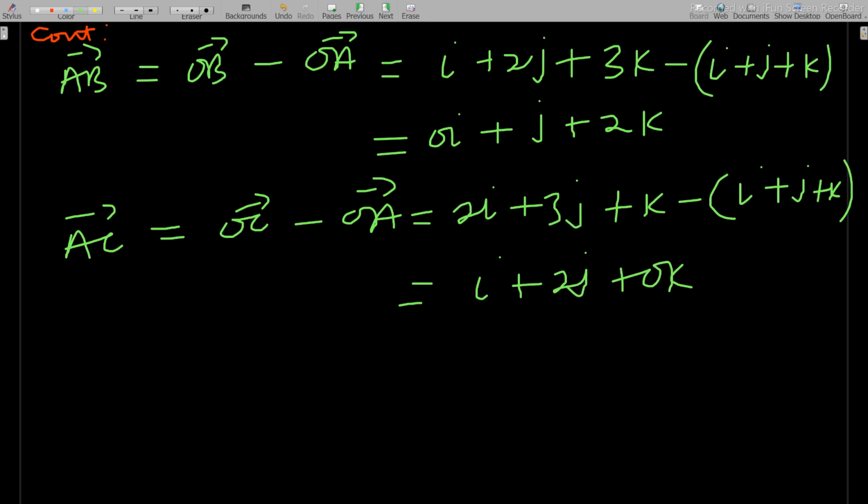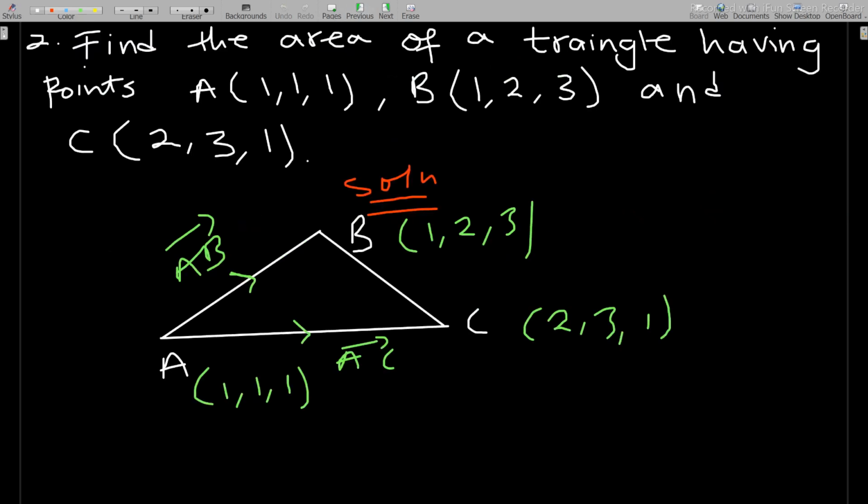Now the area of a triangle was written as area is equal to 1 over 2 times the magnitude of A cross B, from our lesson, where A and B are the vectors along the two sides of a triangle, and the two sides of a triangle in this category are vector AB and vector AC.